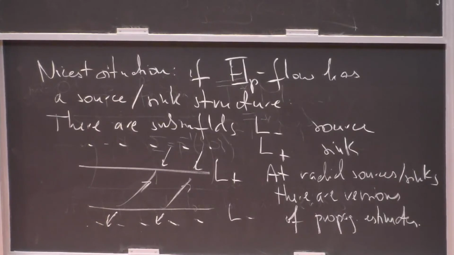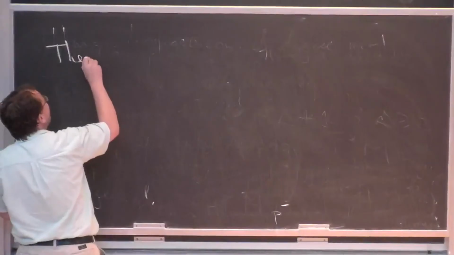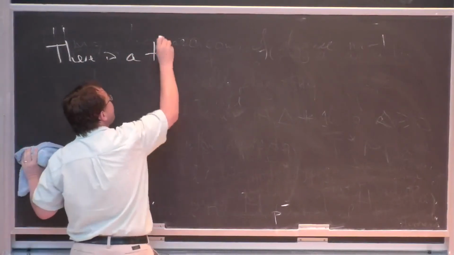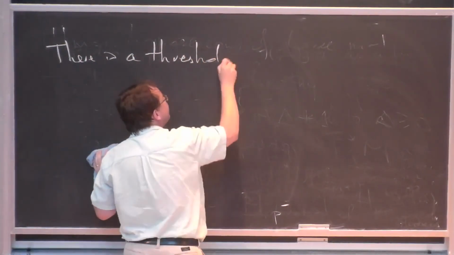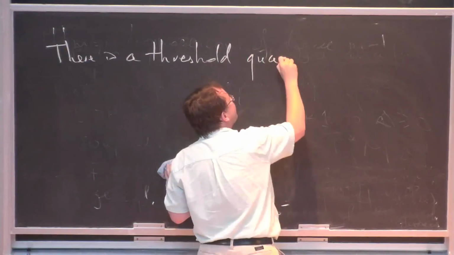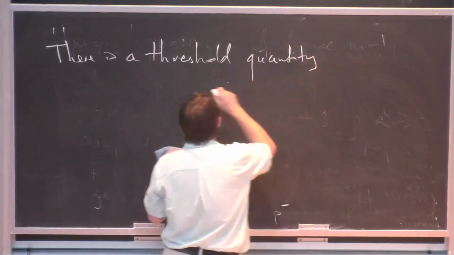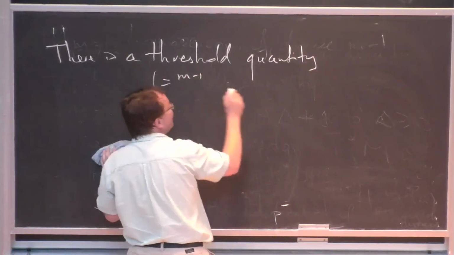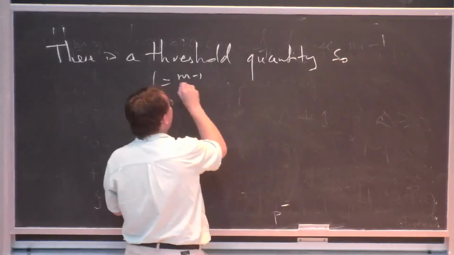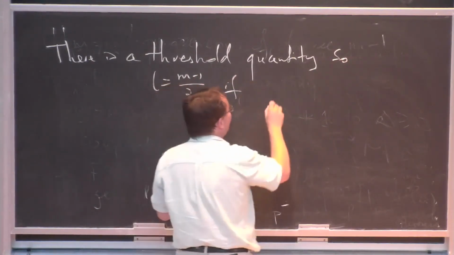What happens is that there's a threshold quantity that I'm not going to write down, except I'm going to call it S0, which is equal to m minus 1 over 2 if p minus p star.